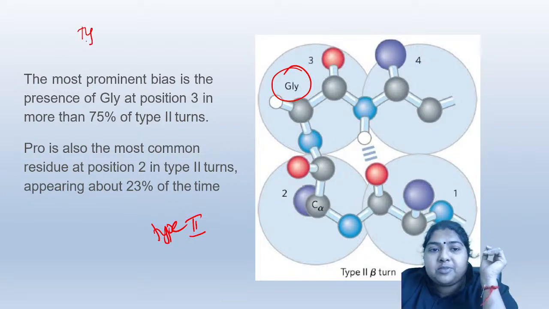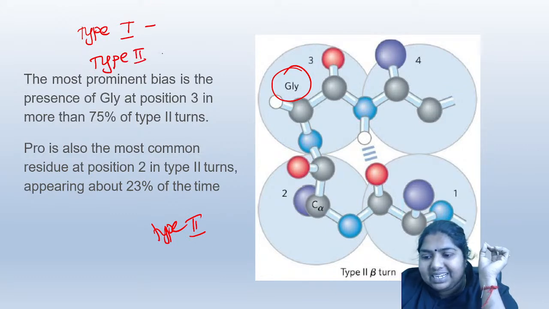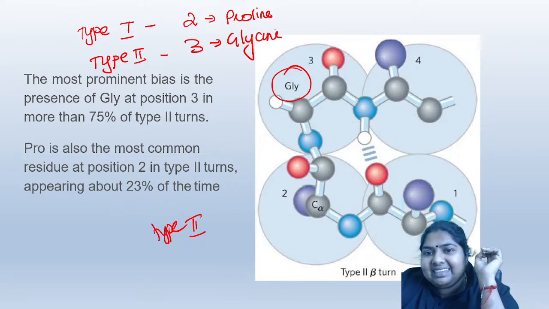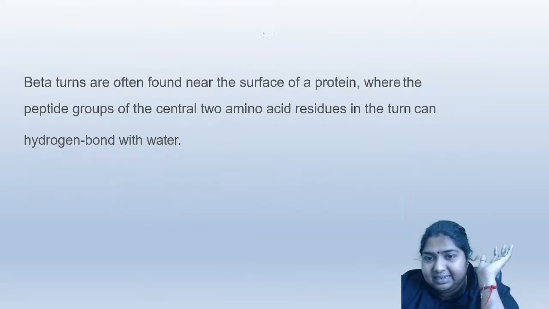So you have two types of turn: type 1 and type 2. In the case of the type 1 turn, residue number 2 is going to be proline. In type 2, residue number 3 is going to be glycine. So this is what makes up the turns.